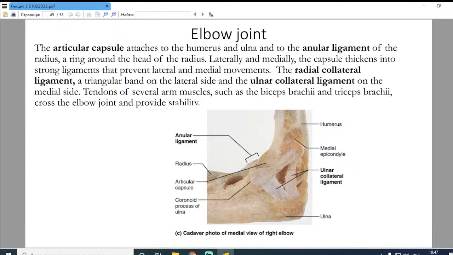of the radius. Laterally and medially, the capsule thickens into strong ligaments that prevent lateral and medial movement: the radial collateral ligament, a triangular band on the lateral side, and the ulnar collateral ligament on the medial side.